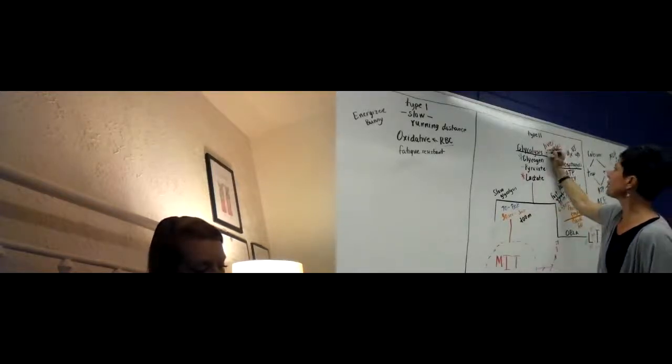You're basically using muscle glycogen over here, and you're digging into your liver glycogen over here. Now, how about your liver glycogen? Okay, so again, it's stored in 2 places.